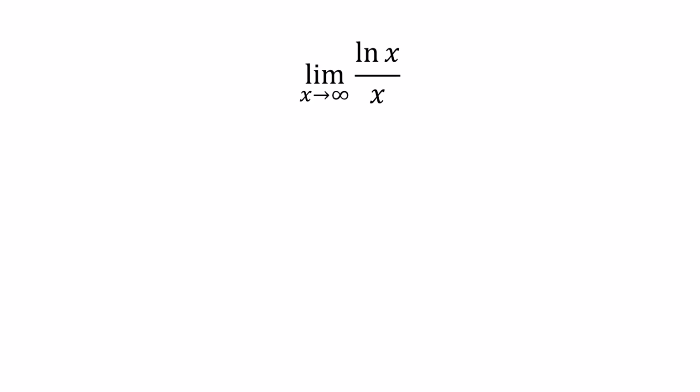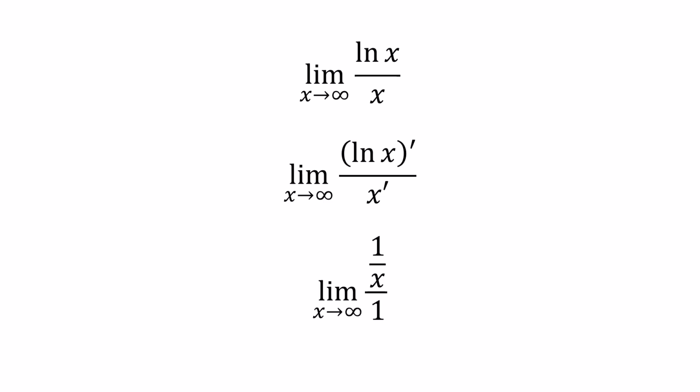This gives the limit as x approaches infinity of ln of x prime all over x prime. Taking the derivatives gives the limit as x approaches infinity of 1 over x over 1.